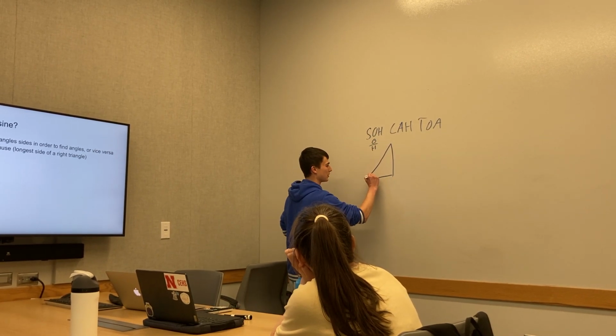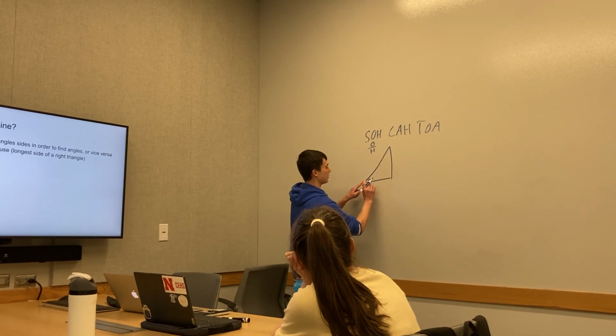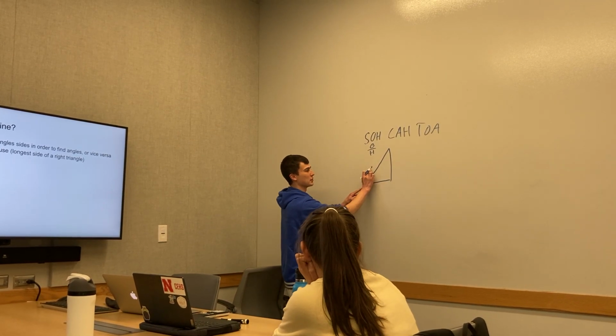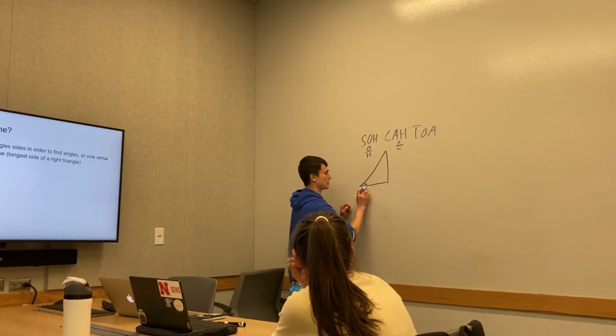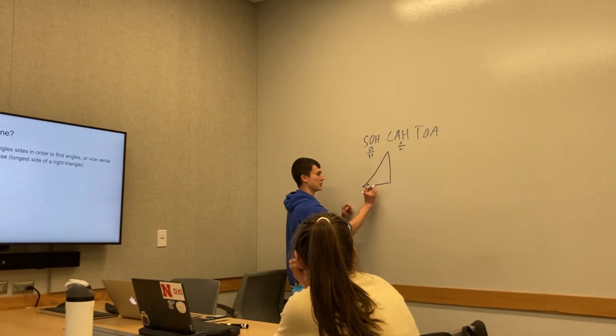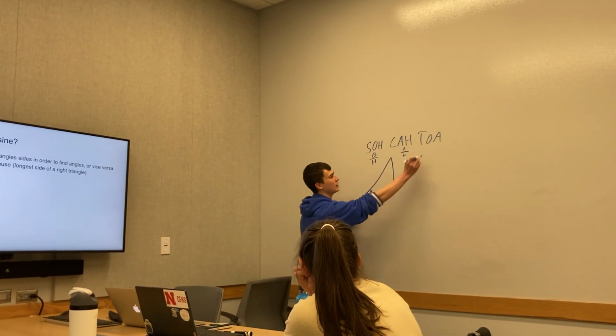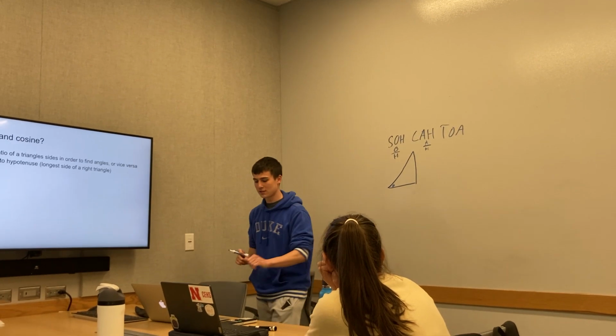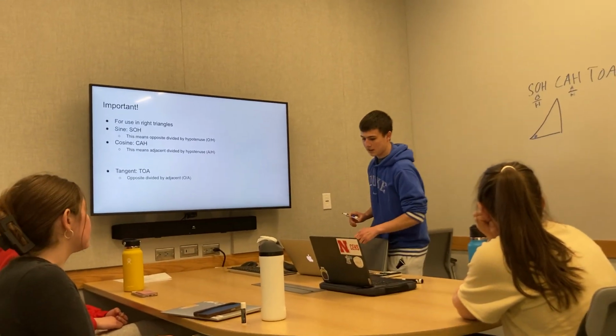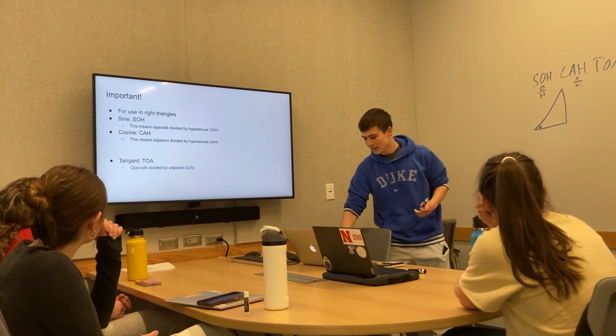So let's say we're talking about this angle, that's theta. So the opposite would be here and the hypotenuse would be here. And this is adjacent over hypotenuse, and adjacent is the one connected to the angle. So this would be adjacent over hypotenuse, and then opposite over adjacent, but we're gonna talk about tangent a little later.